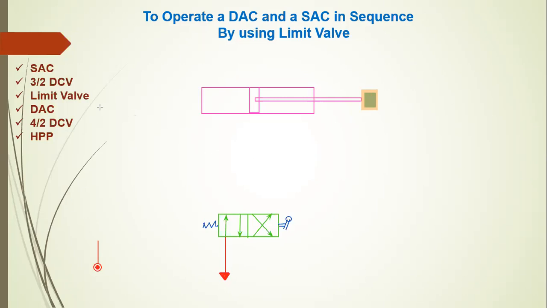Then we require one limiting valve, which we attach to a 3 by 2 position valve, so we draw one limiting valve with attachment of a 3 by 2 direction control valve. Next we require a 3 by 2 direction control valve and one SAC. We start to draw one 3 by 2 direction control valve.